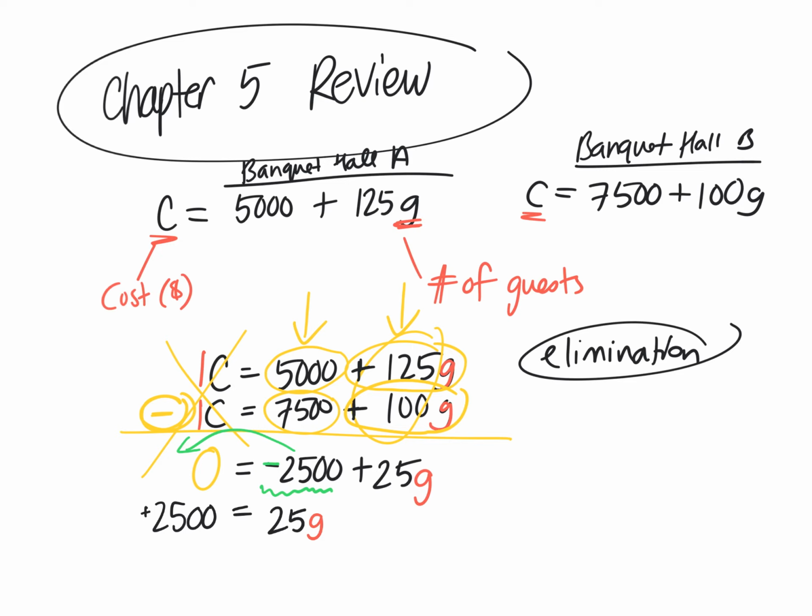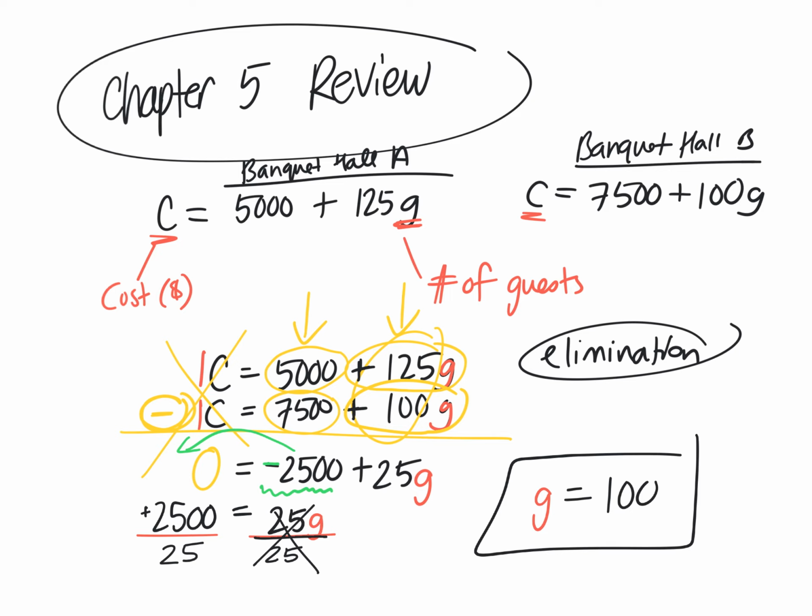And how would I solve for G? What do I do to both sides? Divide by 25, because you're trying to isolate G. Divide by 25. So what does G equal? 100.